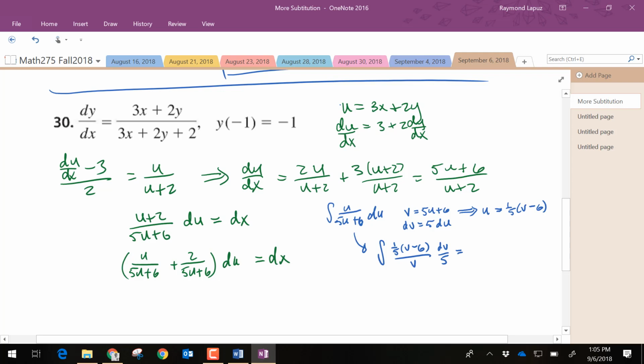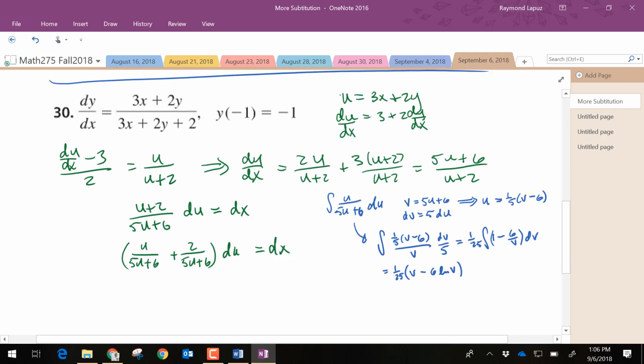Is that any easier? So 1 over 25 integral, right? 1 minus 6 over v dv. So this is 1 over 25 (v minus 6 ln of v).